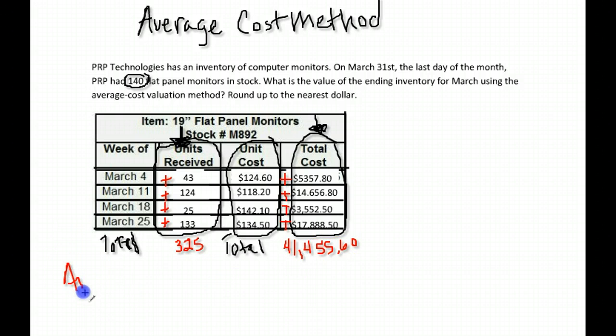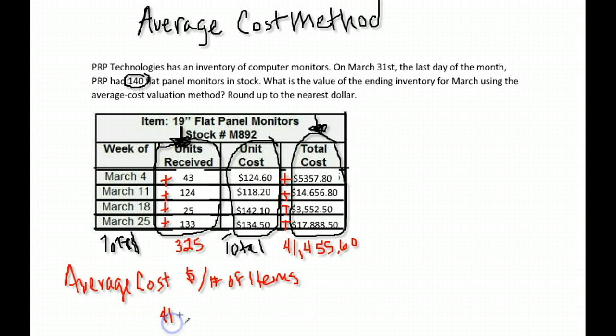We want to find the average cost per item. So we take the dollars and divide it by the number of items. So for us that would be $41,455.60.